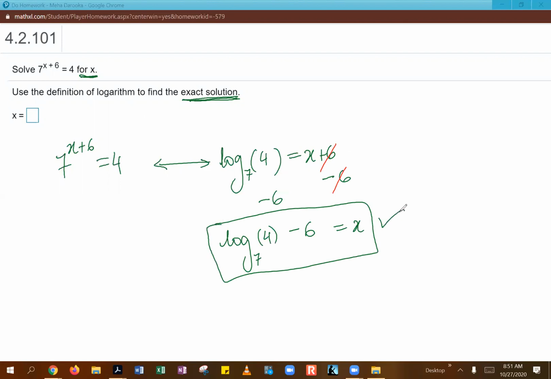This is going to be your answer. Anytime they say exact solution, they're asking you to leave the logarithm as it is. So this will be log with base 7 of 4, minus 6 at the end.